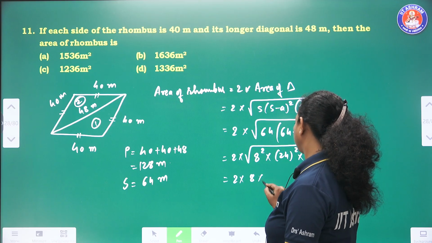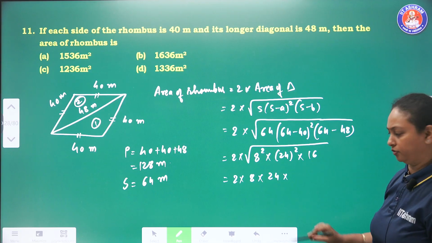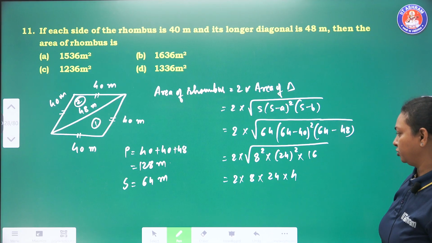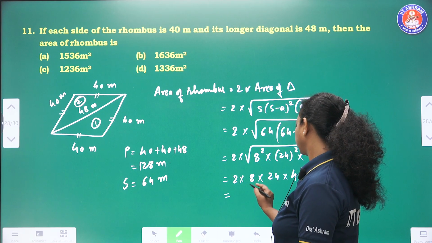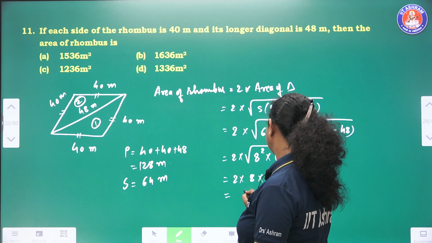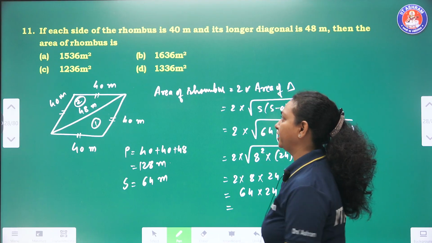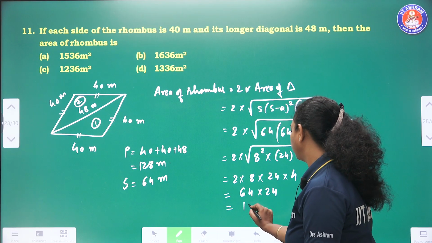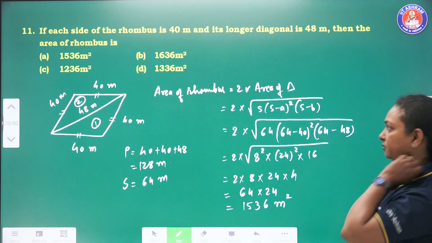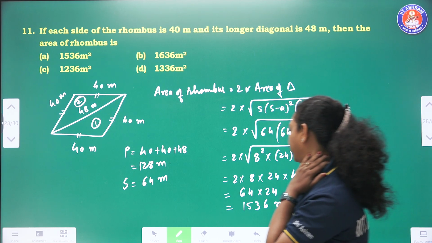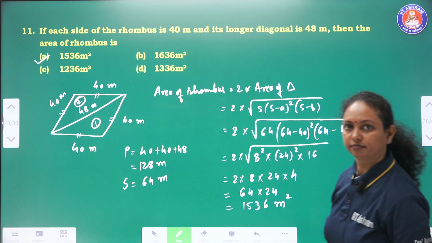So 2 into 64 into 24 into 16, where 16 is a perfect square of 4. So the square root of 16 is 4. So 64 into 24 into 2 is equal to 1536 meter square. So what is the correct answer? It is 1536, option number A.